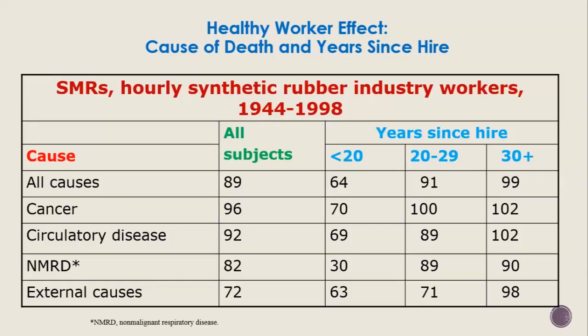So let me ask somebody to interpret something from it. If we look at external causes, under the 20 to 29 years since hire group, the SMR there is 71. How do you interpret that 71?